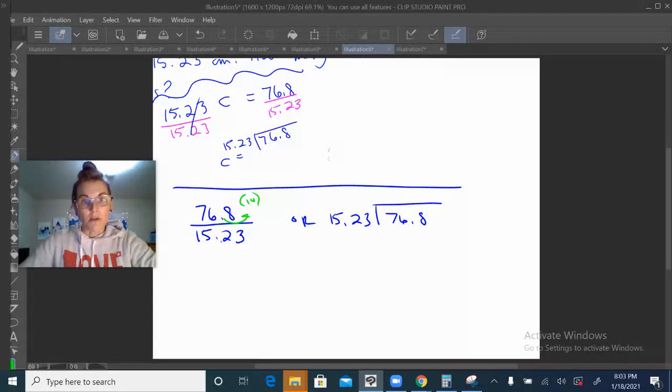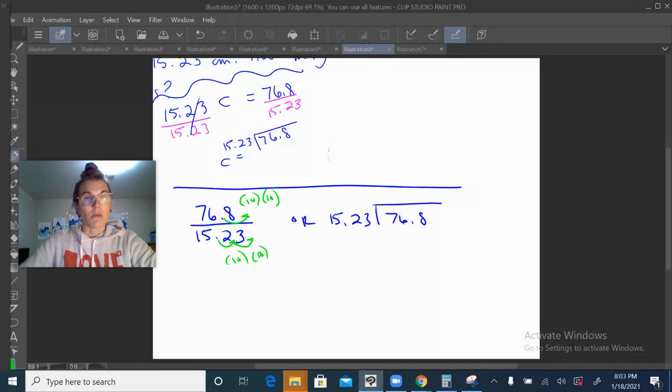But on the bottom, if I multiply by 10, I only move it over once, so it's still 152.3. And remember, with equivalent fractions, whatever I multiply the top by, I have to multiply the bottom by. So because the bottom needs to be multiplied by 100, I have to multiply the top by 100 too.